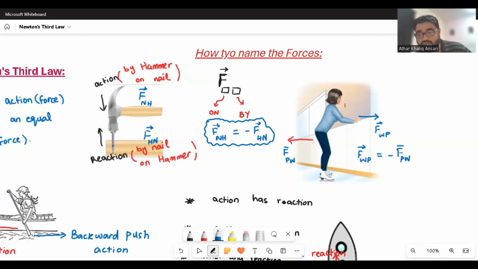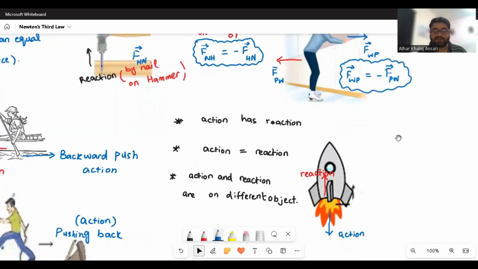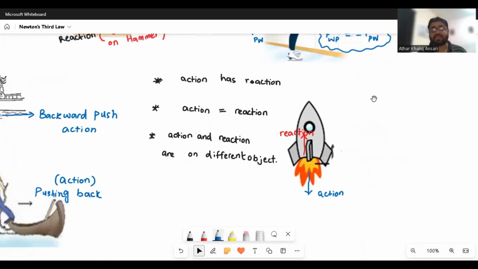So I'm repeating one more time. For Newton's third law, every action and reaction are equal but opposite in direction, and they are working on two different objects. So just think of another example and give me a mathematical equation for that, like this one.